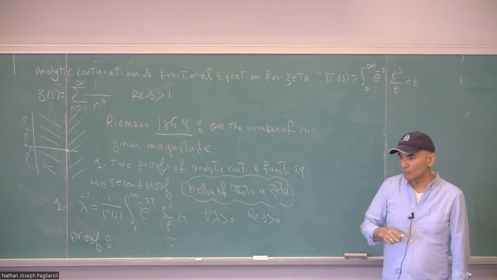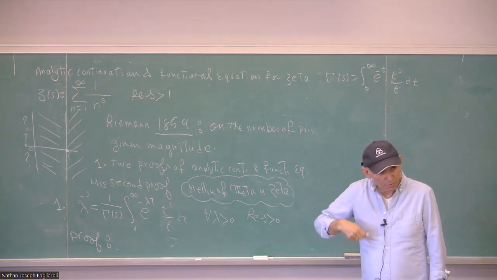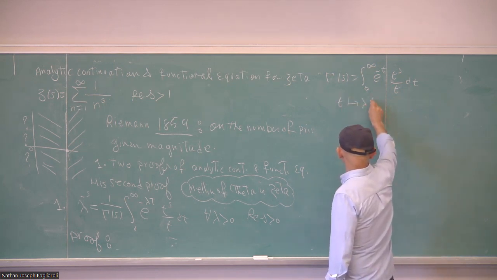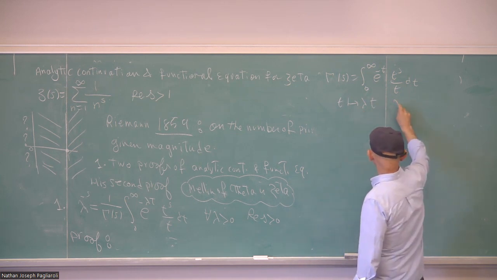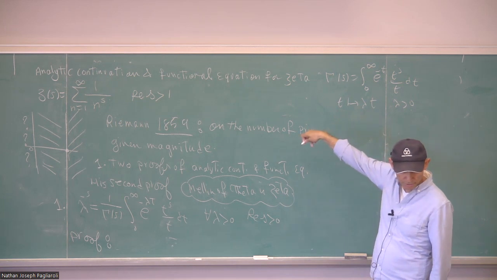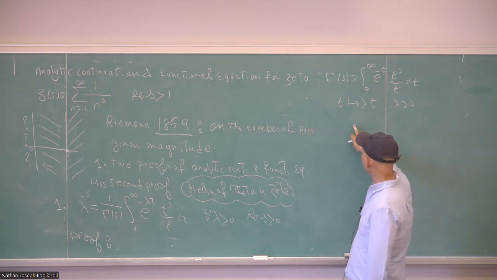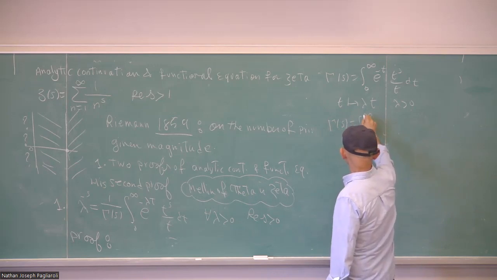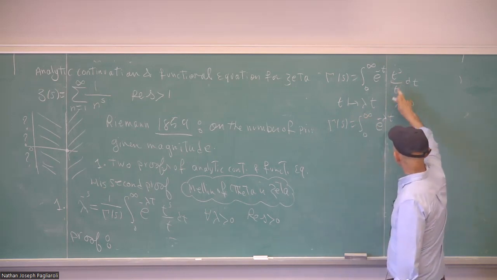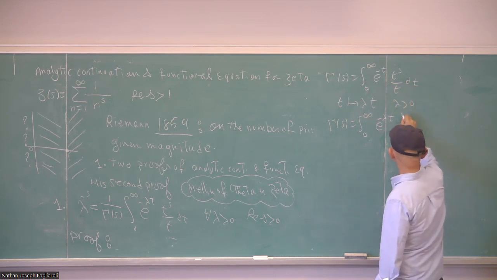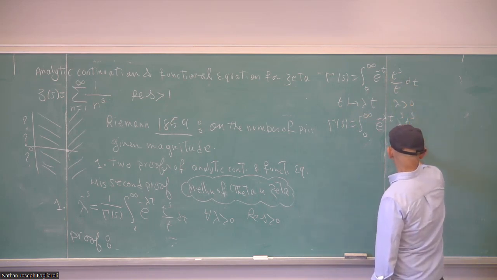So now I'm going to change variable from t to lambda t. I can do that because lambda is positive. So this map sends the domain to domain, so I can do this change of variable. Then what do I get? I get gamma of s equal to integral 0 to infinity, e to the power minus lambda t, now I've got here lambda to the s, t to the s, over lambda t.